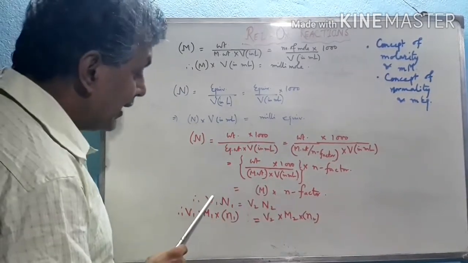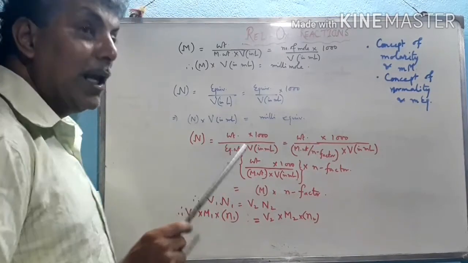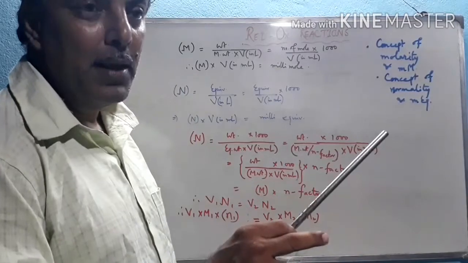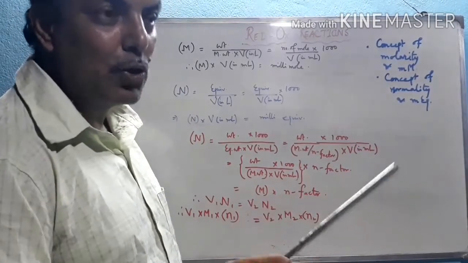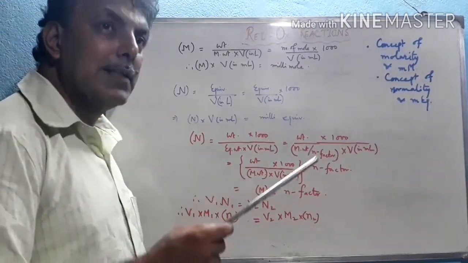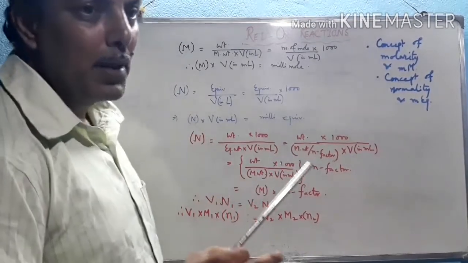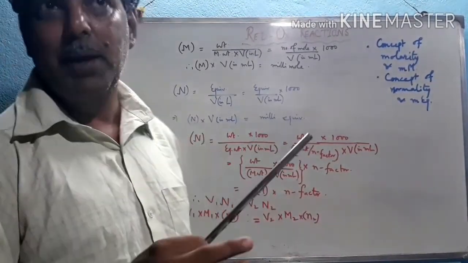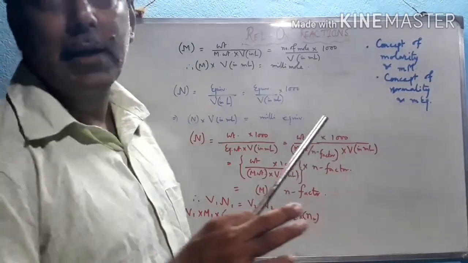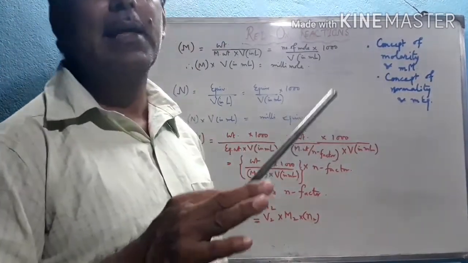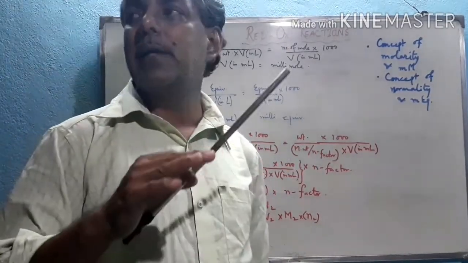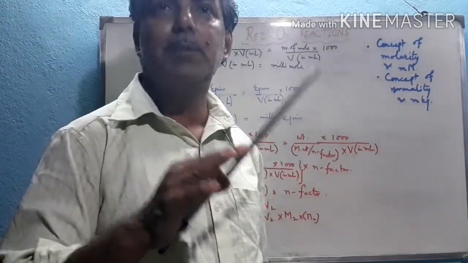Now we can write V1N1 equals V2N2 whenever a reaction takes place. Suppose an acid reacts with a base, a reaction takes place, giving salt plus water. For a redox reaction, suppose permanganate is titrated against oxalic acid using some sulfuric acid, or permanganate is titrated against FeSO4 using some sulfuric acid.